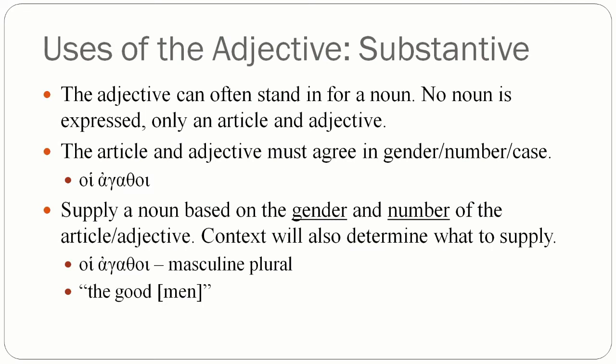If this phrase was feminine plural, hai agathai, you could then put the good women, or girls, changing it to feminine. If this was neuter, ta agatha, you can supply the word things, for neuter plural, the good things.